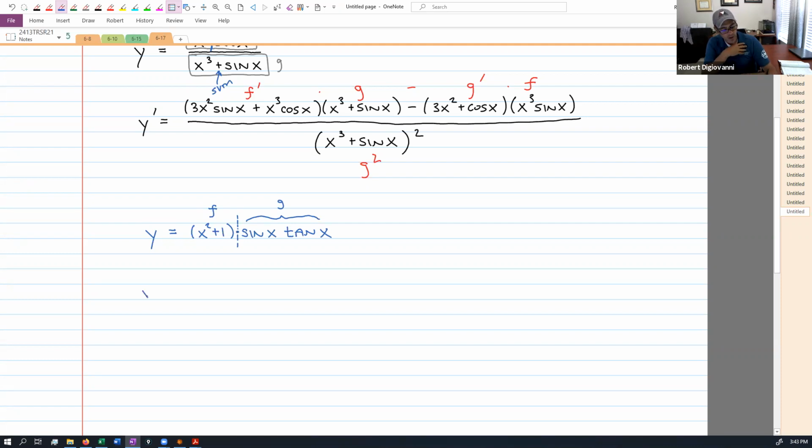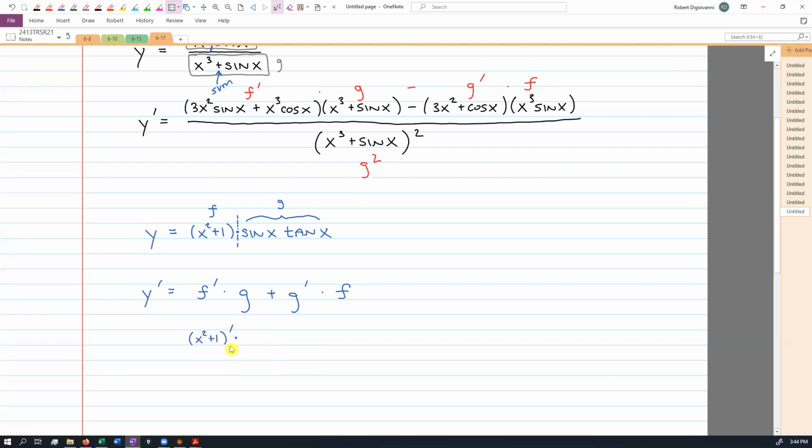So according to the product rule, the derivative of this should be F prime times G plus G prime times F. That's the product rule, which means I have to take the derivative of F. So I'm going to take the x squared plus 1, take its derivative, and then multiply that times what? What am I multiplying that by? Times G, which is sine x times tan x.